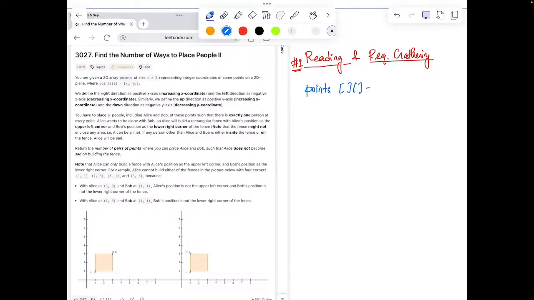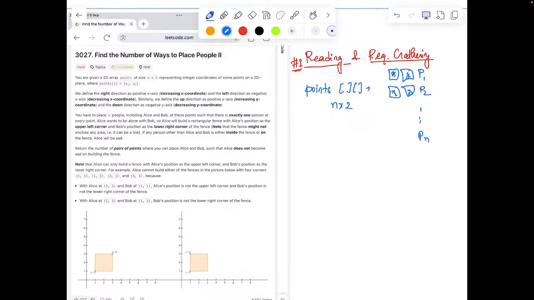In each row we have the cells where we have xi and yi for the points that are there in a 2D plane, and so on up till pn. So this is an n cross 2 sized array.